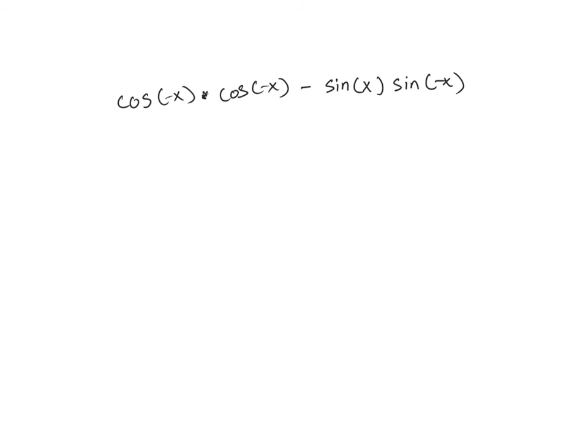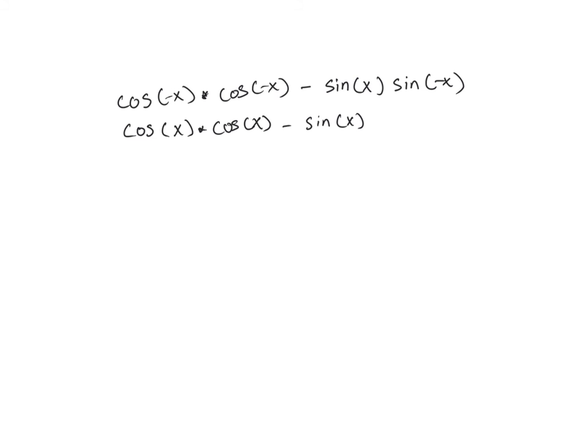I'm going to simplify this to see what this could result as. I know cosine of negative x and cosine of negative x, those I can change to simply cosine of x times cosine of x. Sine of x stays the same. Sine of negative x becomes negative sine of x.